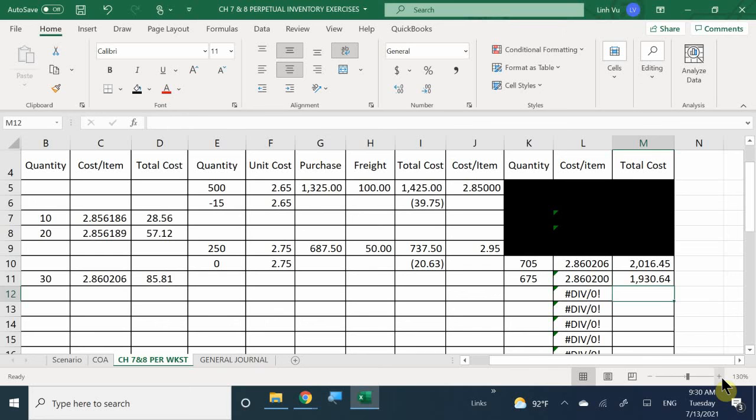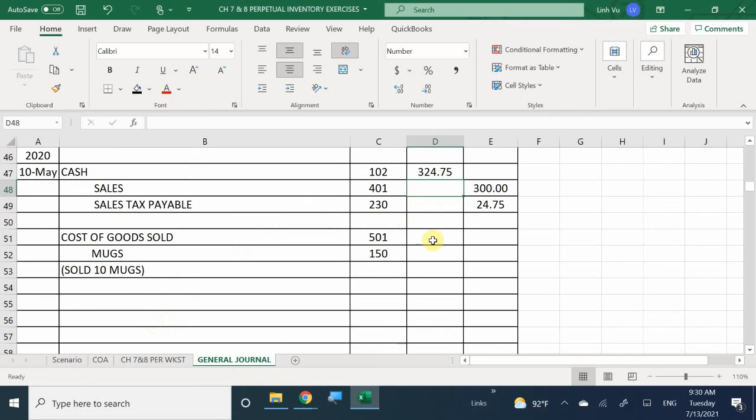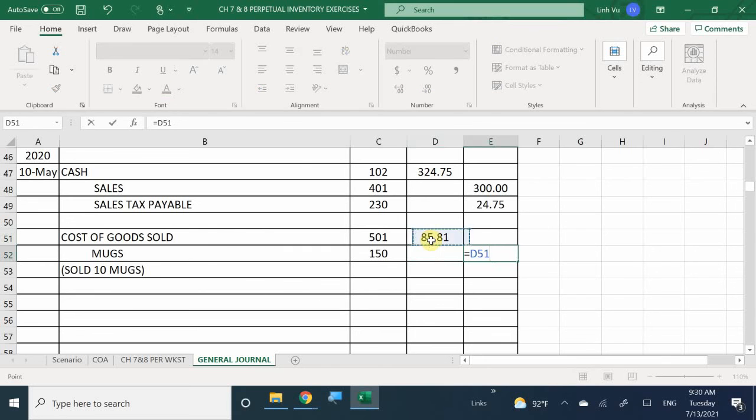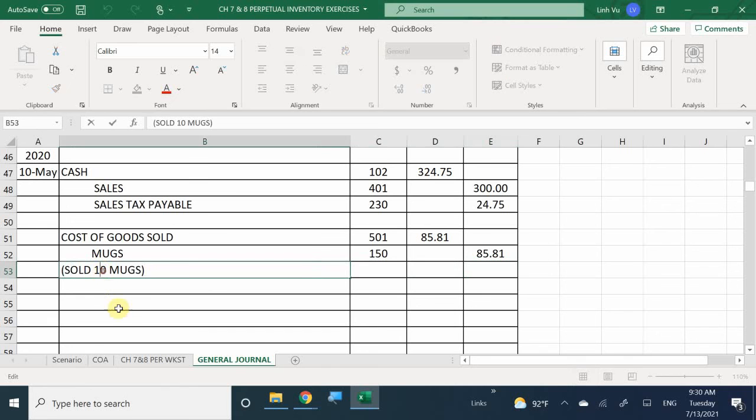Okay. So now my average cost per item is roughly the same. I'm going to wipe that out. Now that we have my cost of goods sold of $85.81. And of course, here I need to change this because I sold 30 mugs.